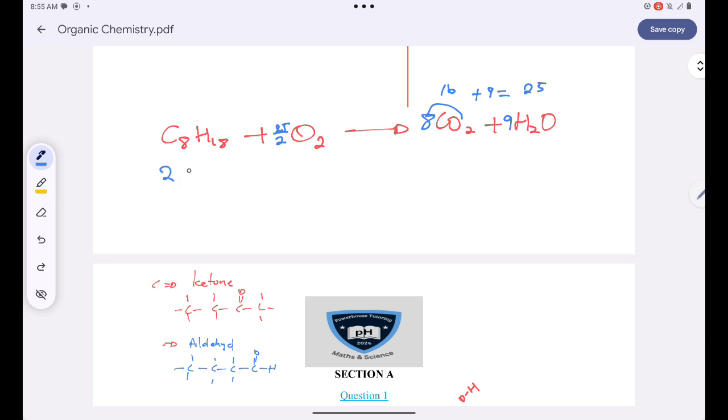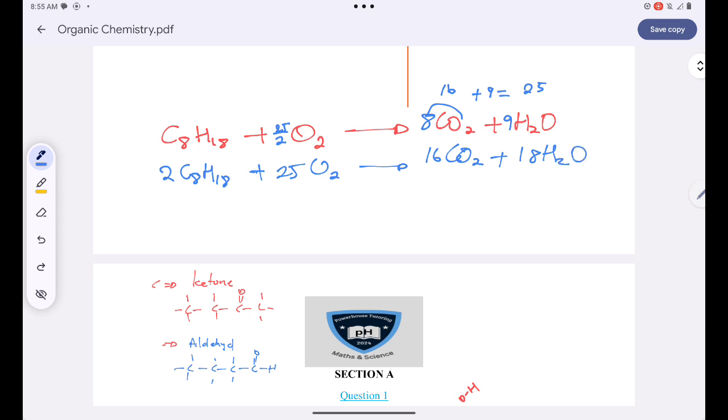So I'll simply say 2C8H18. Whenever I multiply this by 2, I'll simply get 25 oxygens. When I multiply this by 2, I'll simply get 16 carbon dioxide. When I multiply that by 2, I'll get 18 H2O.